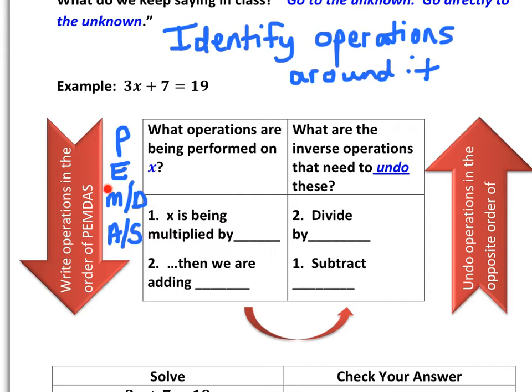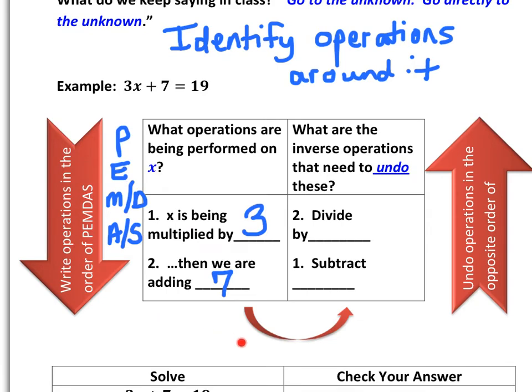The first thing we encounter is multiplication. So write that down. X is being multiplied by 3. The next thing that's happening in the order of operations is we are adding 7. So identify adding 7. Now we are going to reverse, or undo, these operations in the opposite direction of PEMDAS.